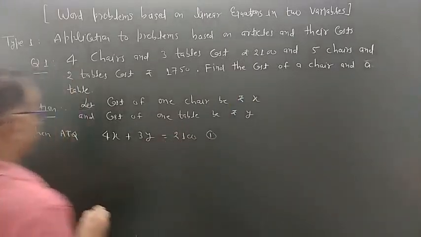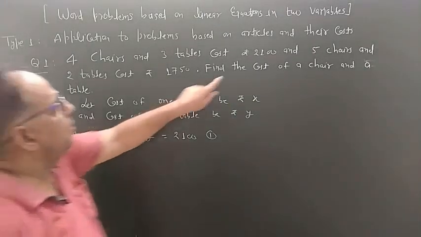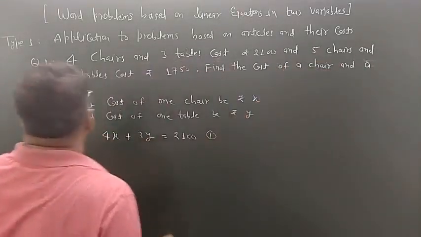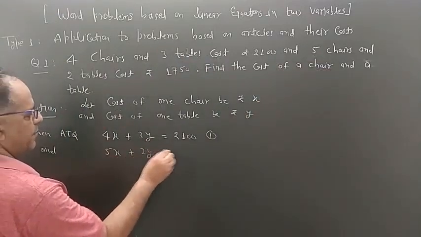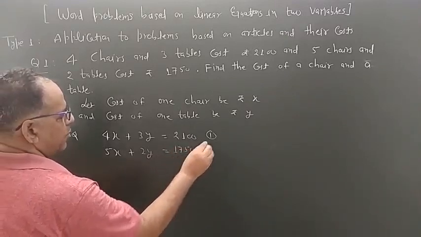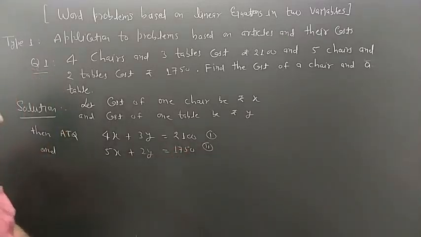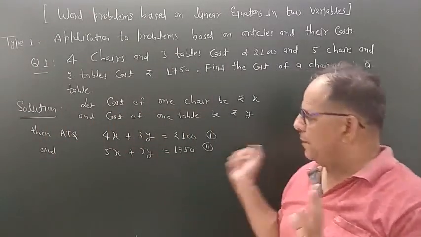This is equation number first. And the second statement, 5 chairs and 2 tables: 5x plus 2y equal to 1750. So the most important work of this question is now complete.